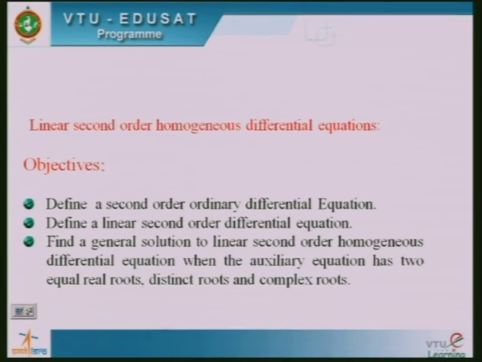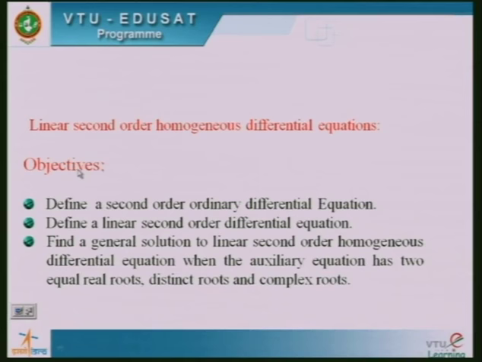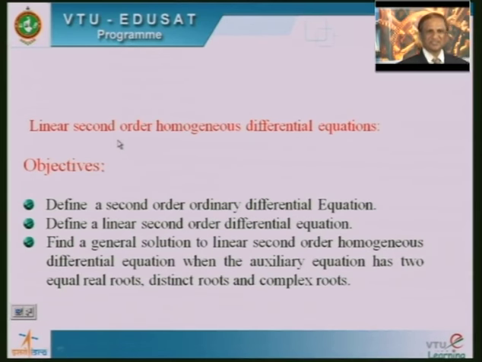We are able to define order and degree of the given differential equation, right. So now why can't we think about a linear second order homogeneous differential equation? For example, they have given a linear second order homogeneous differential equation. How do we find the solution of such a differential equation, right.